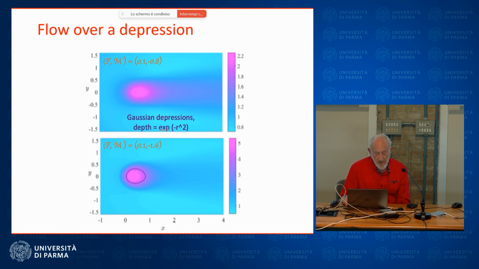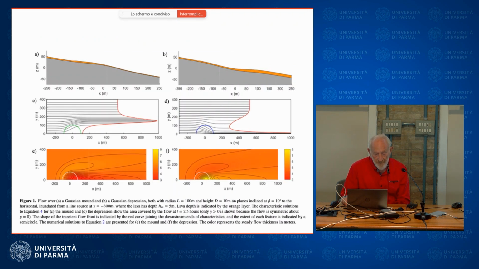downstream of the topography. And here you see the difference between a topographic high on the left and a topographic low on the right. The topographic high on the left diverts the flow, and so it's at its largest about two topographic length scales away.